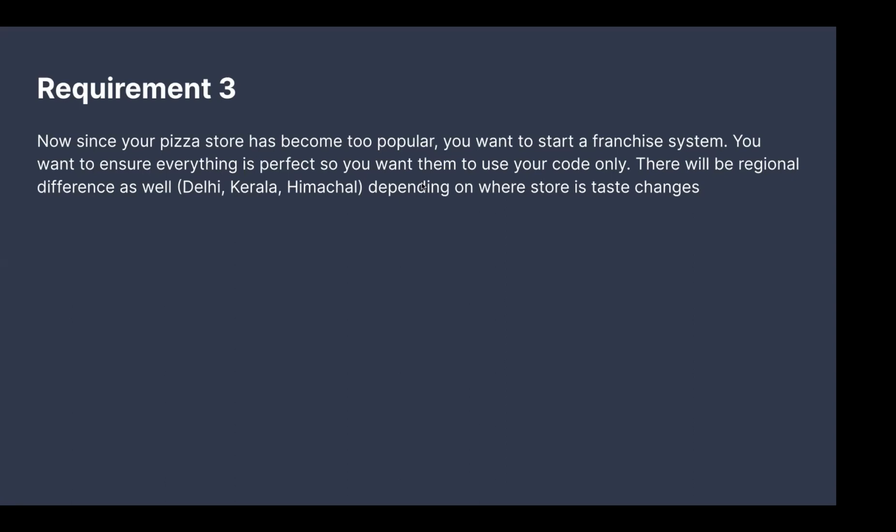So we were having 2 ways. One way was that we can create 3 factory methods as we have created for the pizza, right? We can have a factory method for Delhi, a factory method for Kerala, and a simple factory for Himachal.